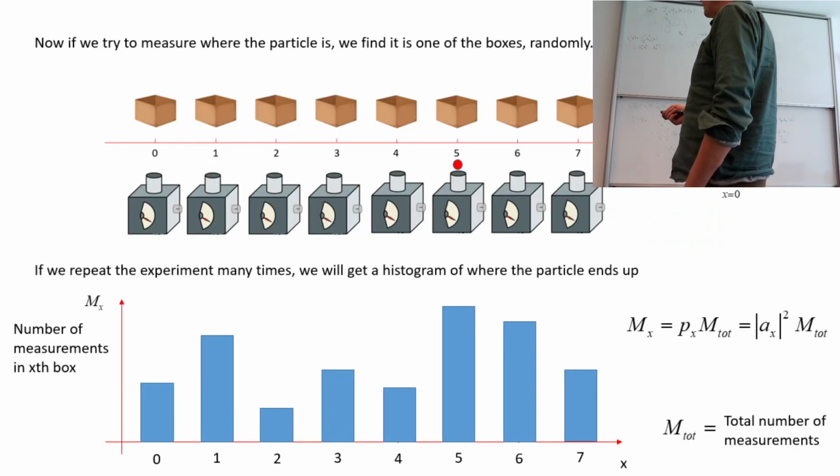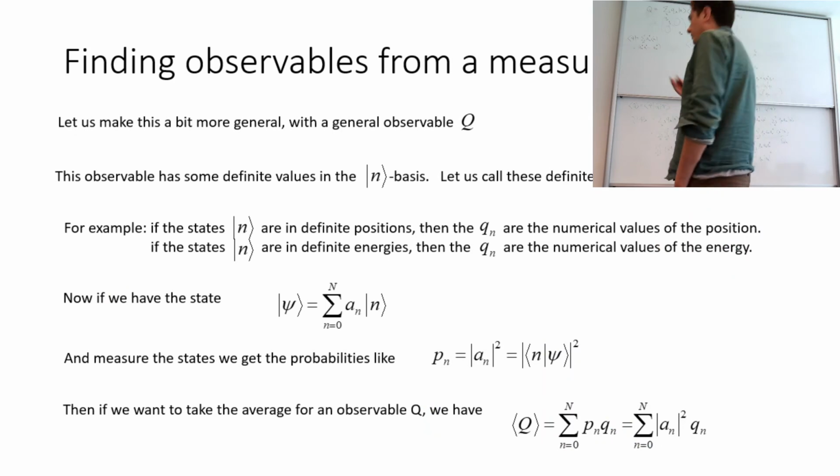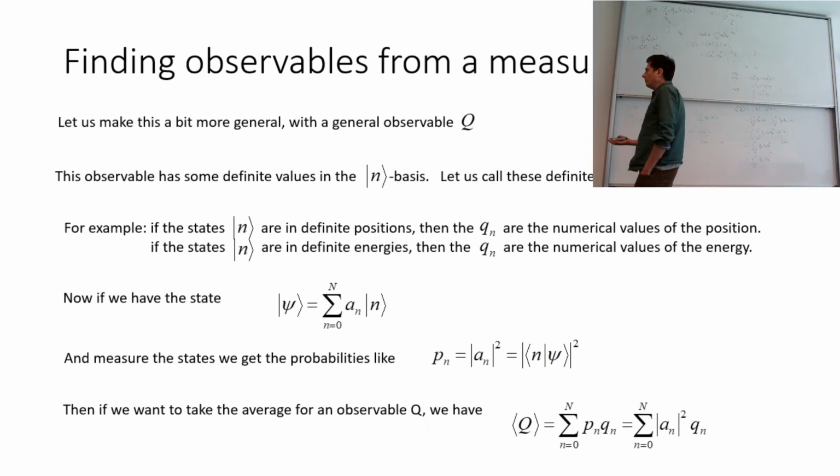Like for Q. For Q, I've just sort of generalized it to be any observable that you might be interested in. So the Q could be position.